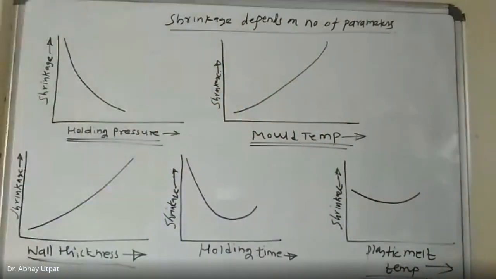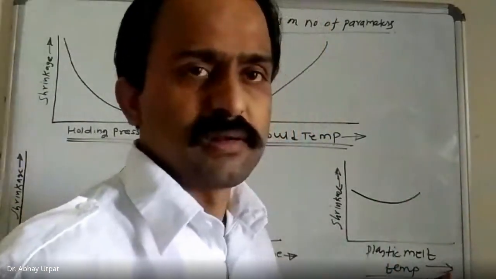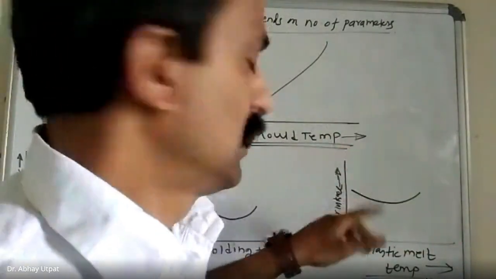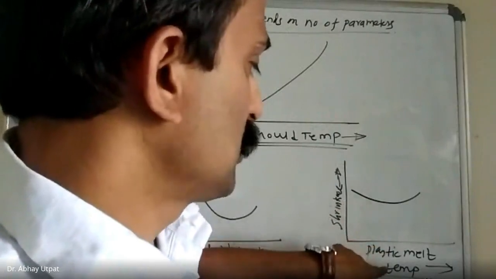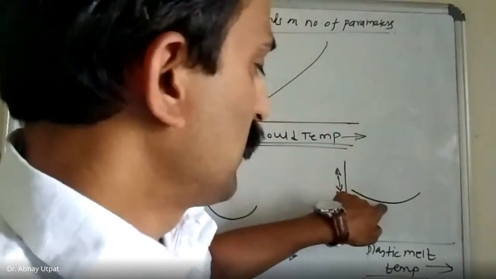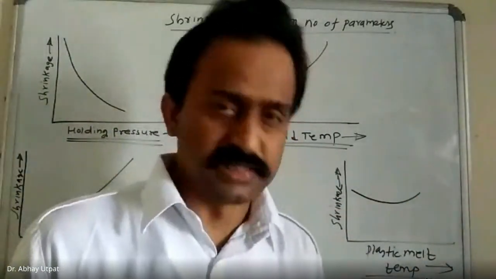See this. It is not giving a deep slope like the other graphs. So if melt temperature increases, it will give a little decrease and again an increase.